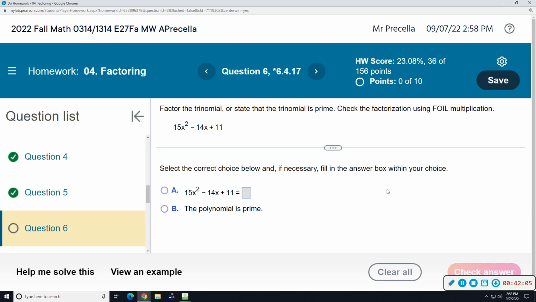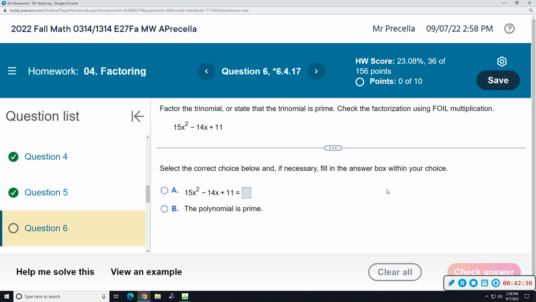Okay, number 6. By the way, these problems are all the same. It's just different numbers. 15. Oh, good. There's an x in this one. 15x squared. I say good because that's what I'm going to want to write.